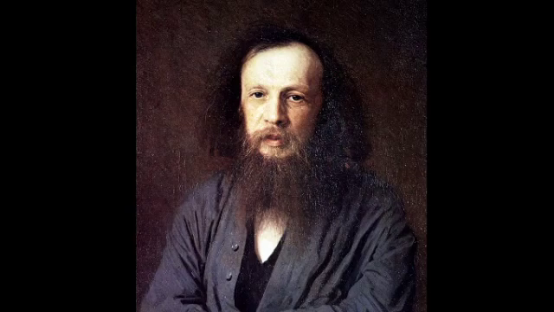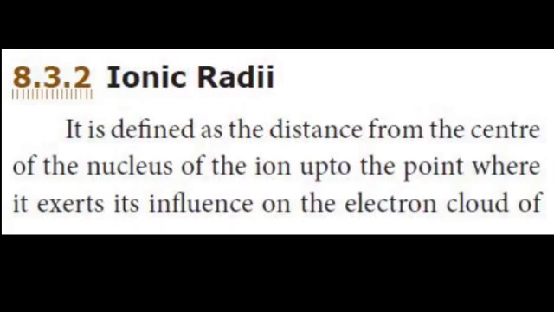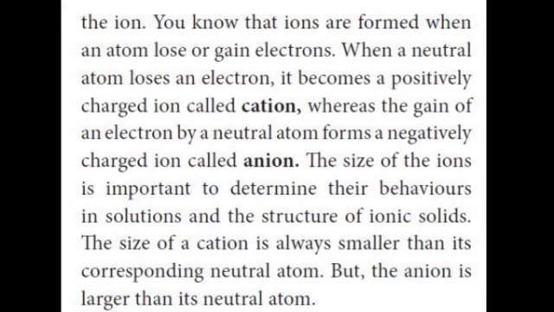Today, we learn the topic ionic radius. What is ionic radius? It is defined as the distance from the center of the nucleus of the ion up to the point where it exerts its influence on the electron cloud of the ion, that is, to the outermost shell.